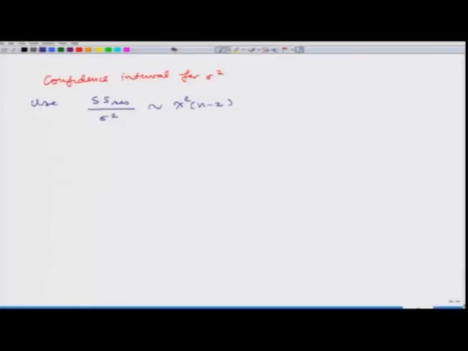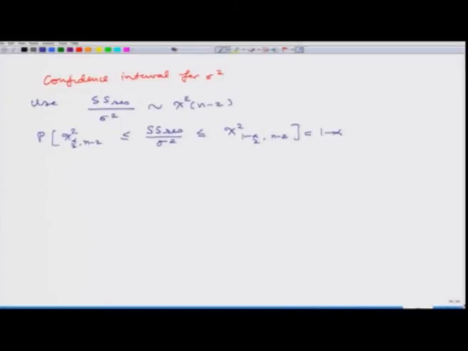So, using this result, I can find out the confidence interval in the following way: SS res divided by sigma square is going to lie between the chi-square alpha by 2 point with n minus 2 degrees of freedom and the chi-square 1 minus alpha by 2 point with n minus 2 degrees of freedom, and the probability of such an event is 1 minus alpha.